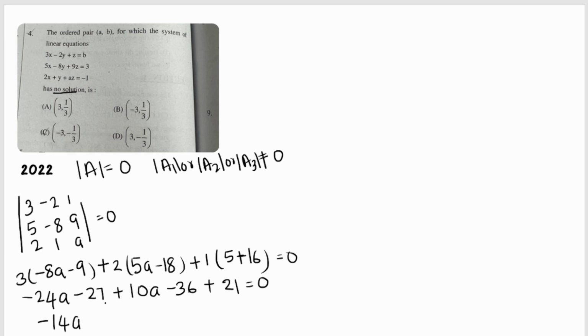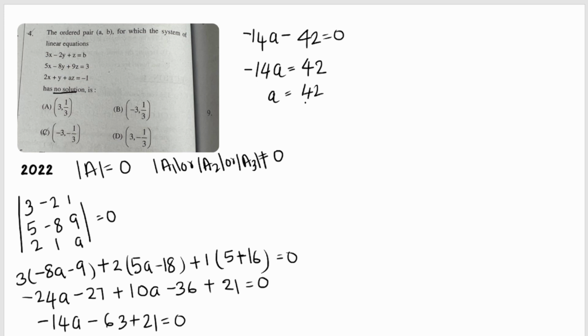Then you have minus 27 minus 36, we'll get minus 63 plus 21 equals 0. On further solving, minus 14a minus 63 plus 21, right? It's minus 42 equals 0. Minus 14a equals 42. A equals 42 divided by minus 14, which equals minus 3. Okay. A equals minus 3.